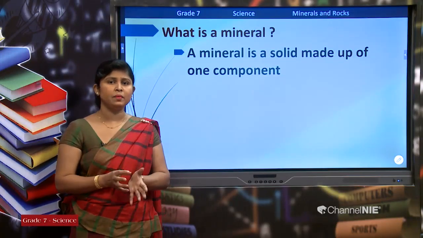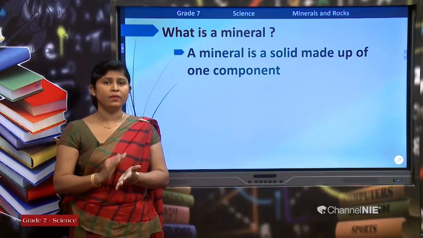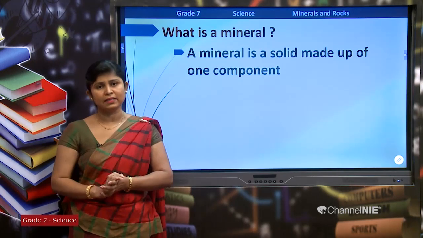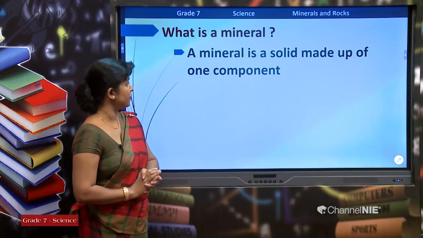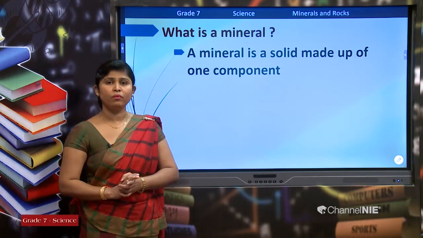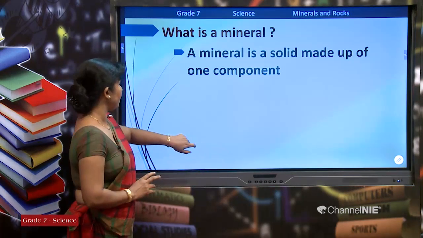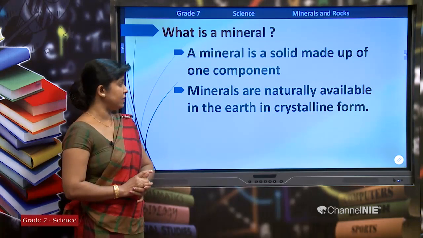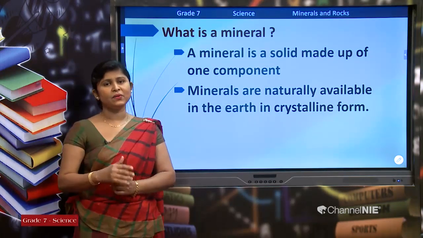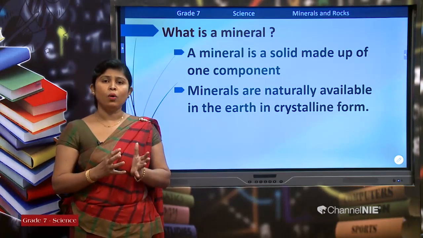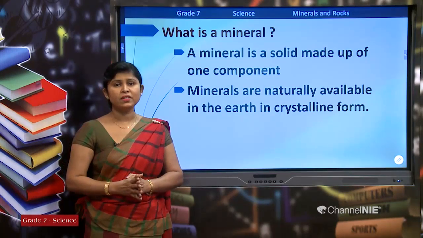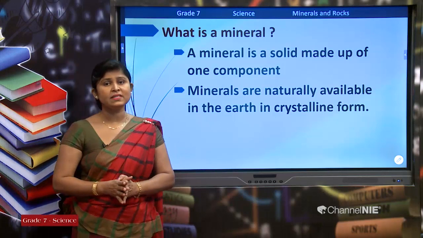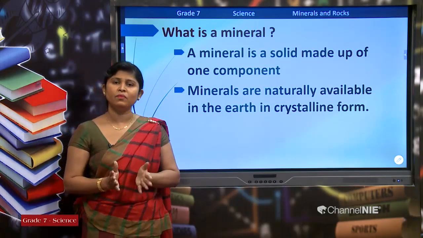If you observe a mineral, you can observe a regular arrangement of particles. Minerals are naturally available in the earth in crystalline form. I said that the minerals have an orderly arranged structure, so they have a crystalline form. They are in different shapes.